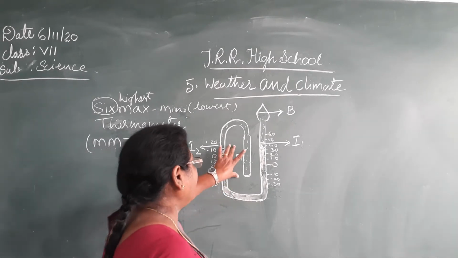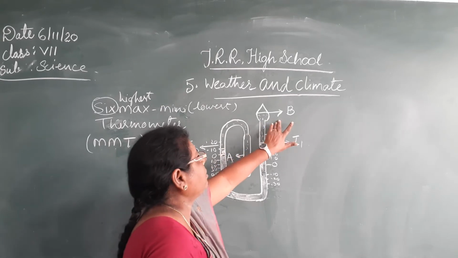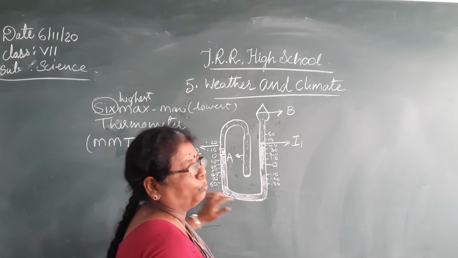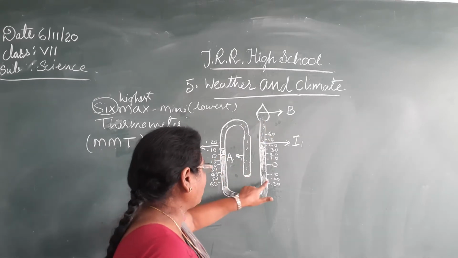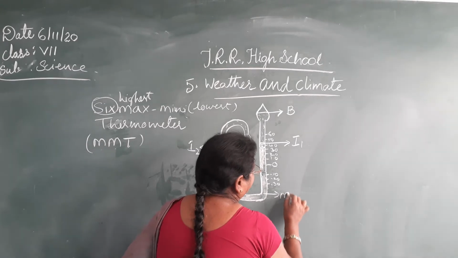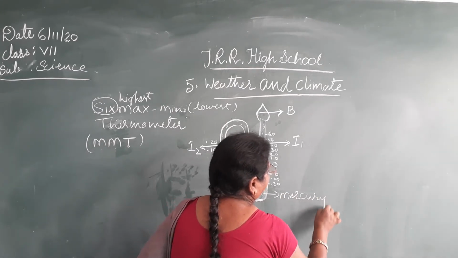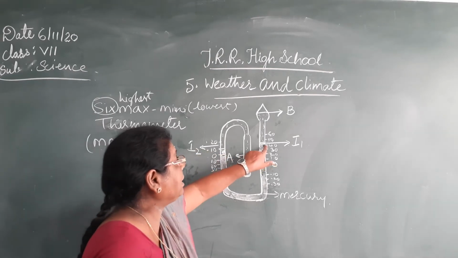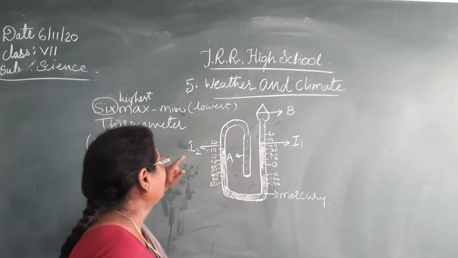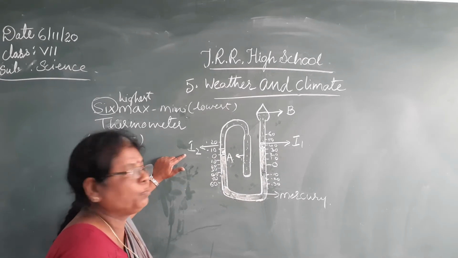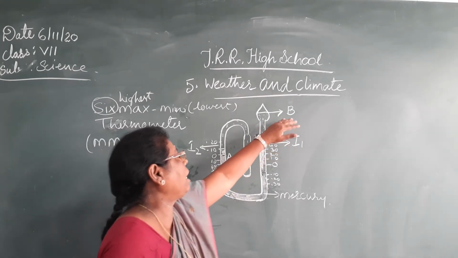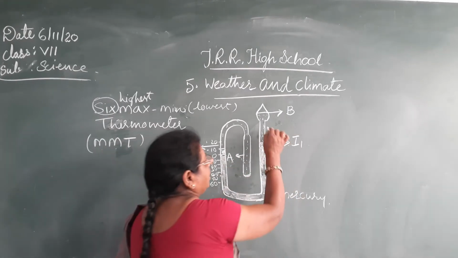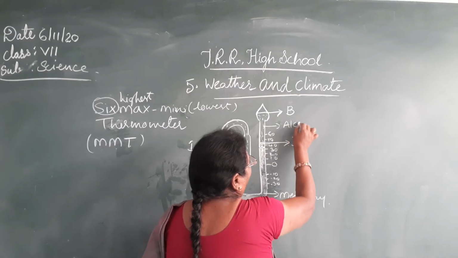The bulb A is cylindrical in shape, and this is the bulb B. These bulbs are connected by a U-tube, which is filled with mercury, isn't it? And these are called the indicators, I1 indicator, I2 indicator. Bulb A and bulb B are filled with alcohol.